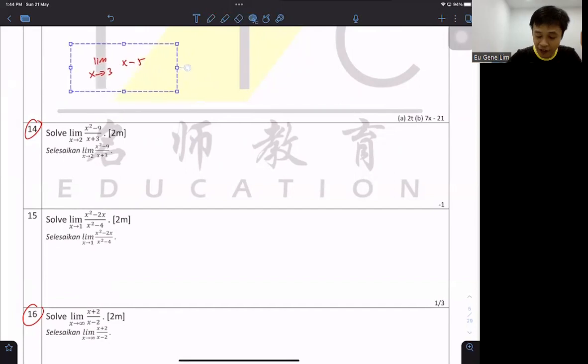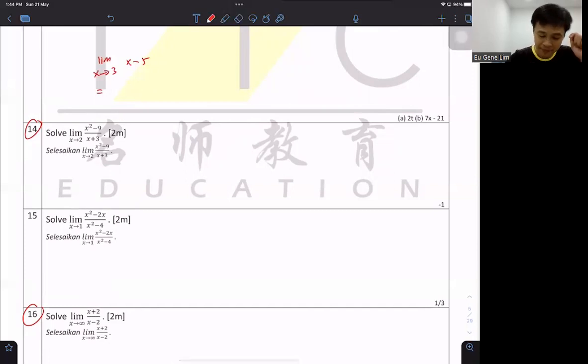If you have this kind of situation, you just have to sub. Because the question says limit x arrow 3, you just sub 3 into the x. So 3 minus 5 is negative 2. That's it.